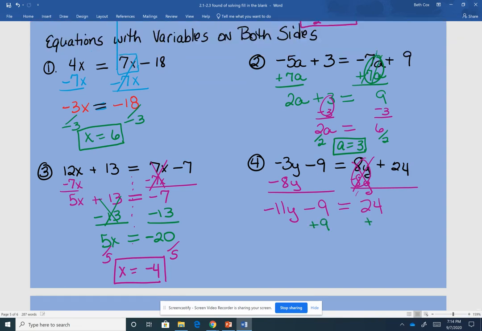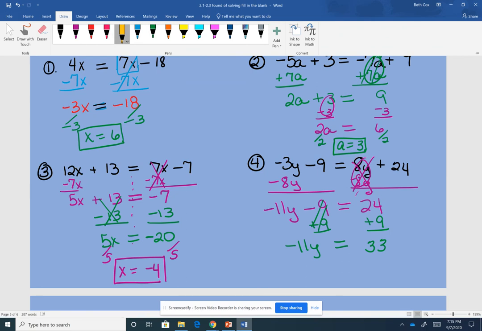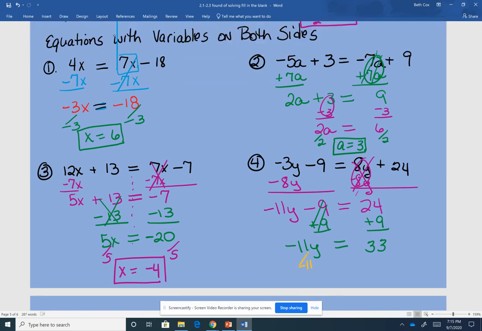Add 9 to both sides. On the left, negative 11y. This is going to give me 33. Divide. Ooh, where did that color come from? That looks good. Try that one again. Y is negative 3. I haven't used that color.